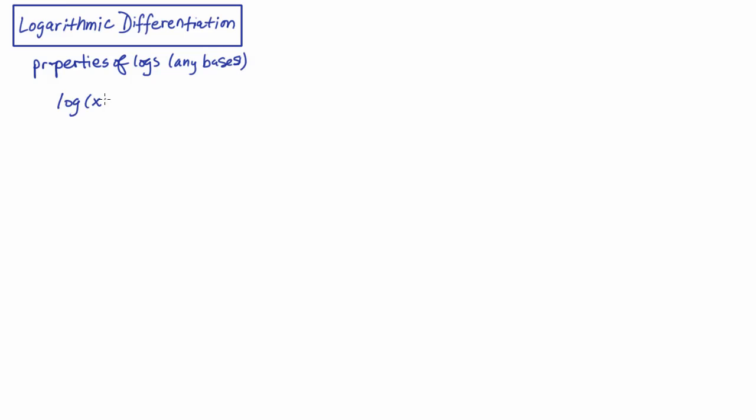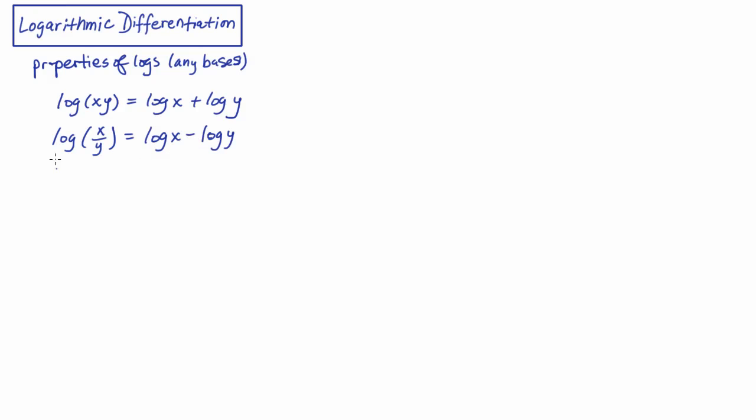So we'll start with the multiplication property, and that is if you're taking the log of two things multiplied together, then you can separate them as addition. This is one of the more important properties of the log. The analogous property for division is if you have two things divided, then instead of addition, it's really just subtraction.